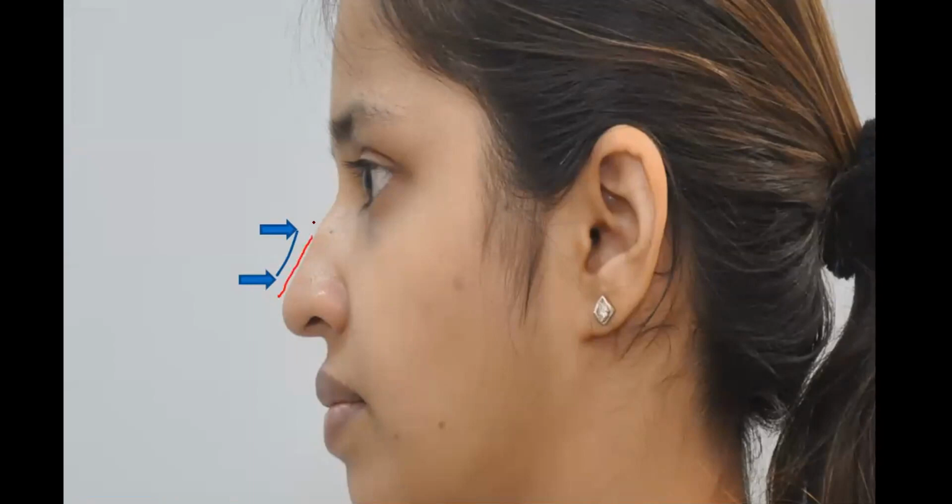So this is more of a pseudo hump because the point below it is under projected. Rather than trying to remove this hump here, try and adjust or get the projection better. So this will come with experience as you do more and more, but this is something for you to remember.